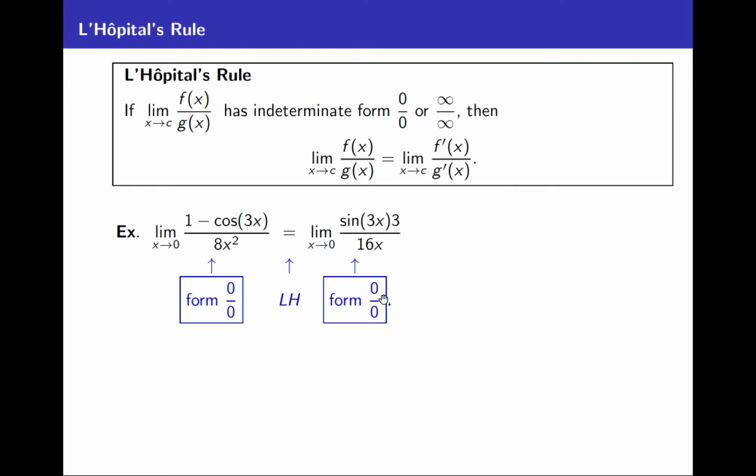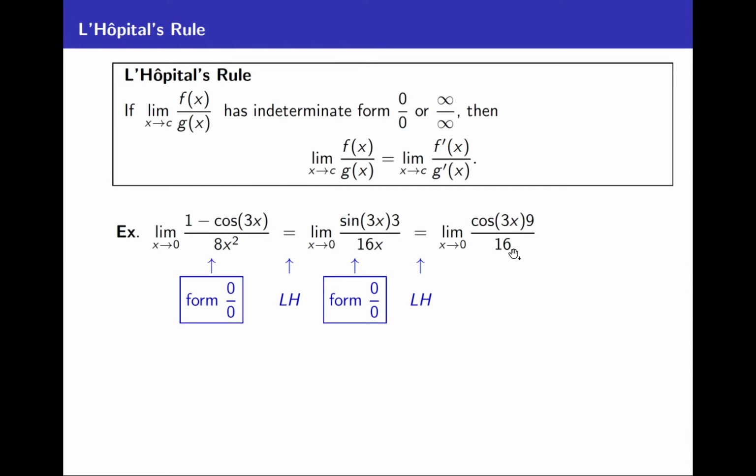And that's still a form 0 divided by 0, because the sine of 3 times x is approaching sine of 0, which is 0, and the 16x is, of course, approaching 16 times 0, which is 0. So to this, we would apply L'Hopital's Rule once again. And in so doing, we've boiled away this 8x squared to just a plain old 16 after differentiating twice.